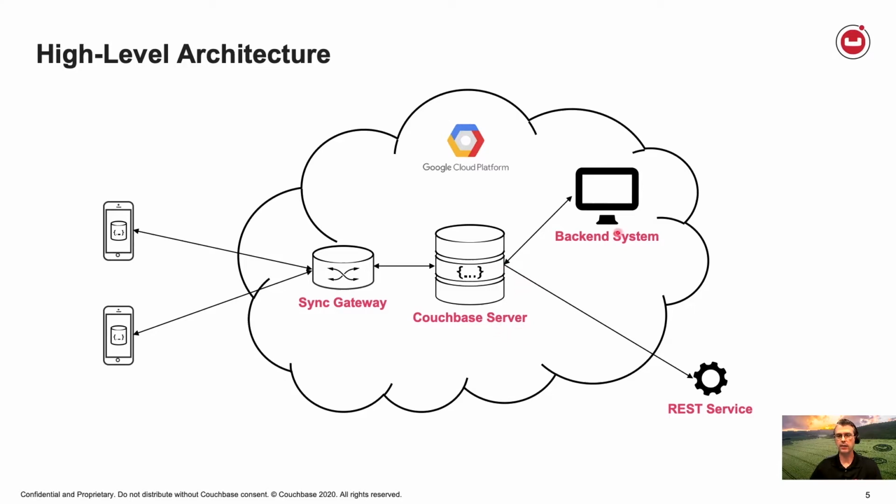And we have a Node.js-based web application simulating a backend system that's running on another VM in GCP, utilizing a third-party REST service to send emails. So throughout the demo, you'll see how this all comes together, but these are the different components that you're going to see.